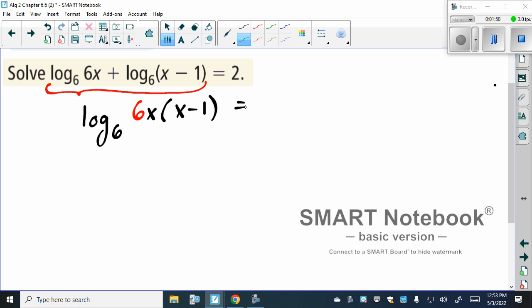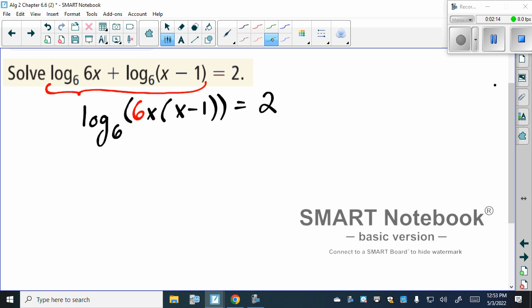So we would have 6x times x minus 1. So we can rewrite log base 6 of 6x plus log base 6 of x minus 1 is equal to 2, as log base 6 of 6x times x minus 1 is equal to 2. So we can rewrite the two logs as a single log.